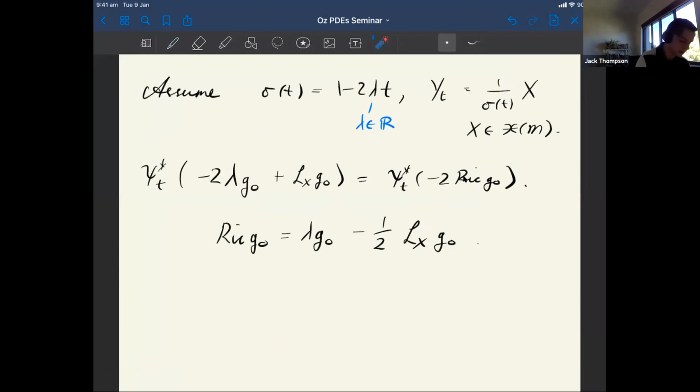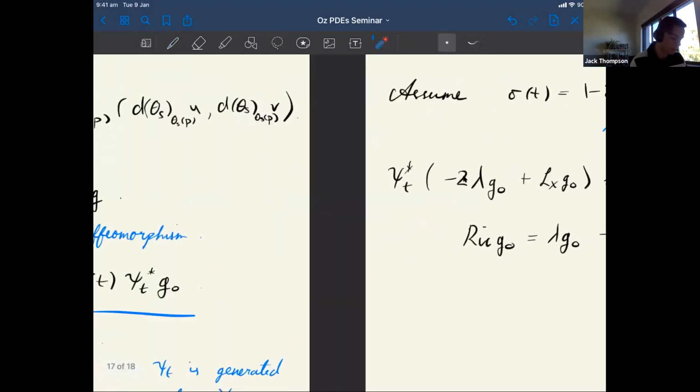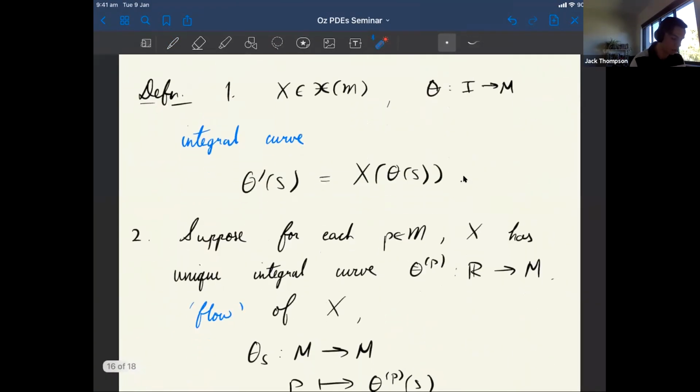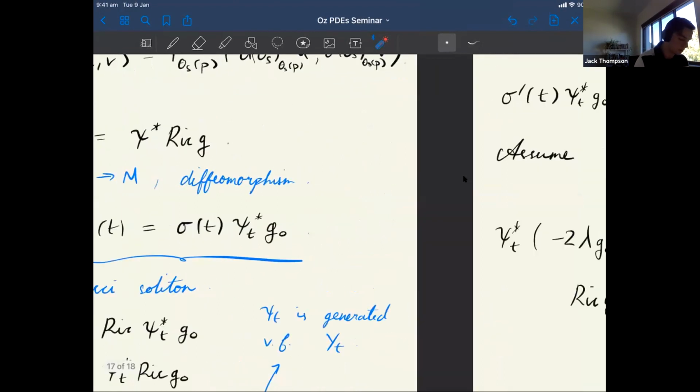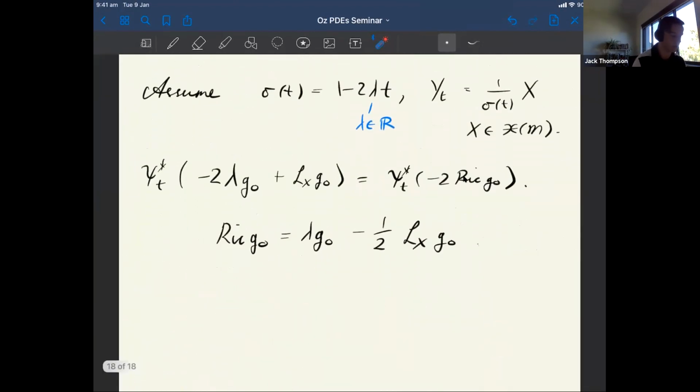And so you can see that if G naught satisfies this equality, then from that, we can generate a solution of this form to Ricci flow. Okay, so it's important then to try to find particular solutions to this equation. I was going to go through an example, but we've run out of time, so maybe I'll leave that there. But thanks everyone for listening.